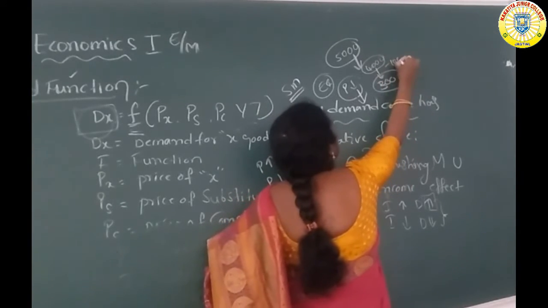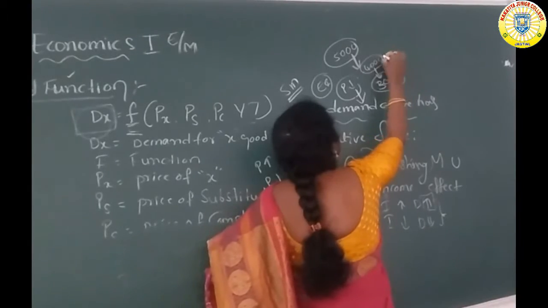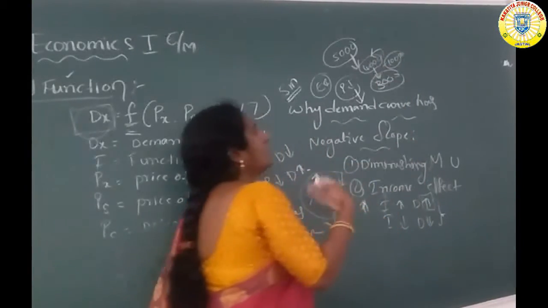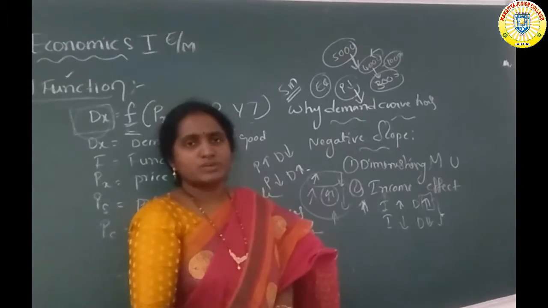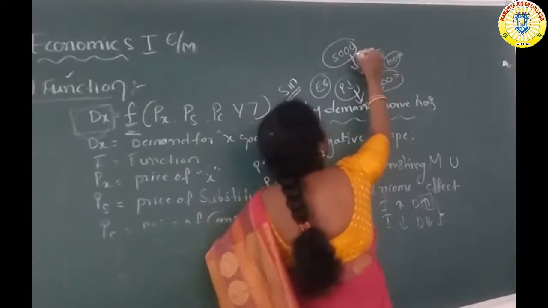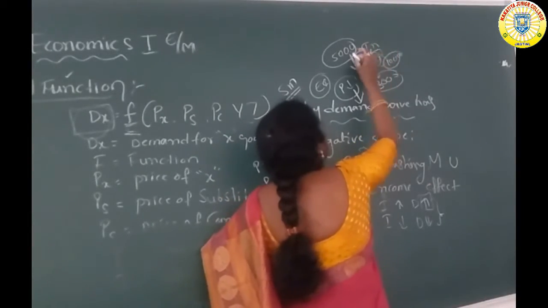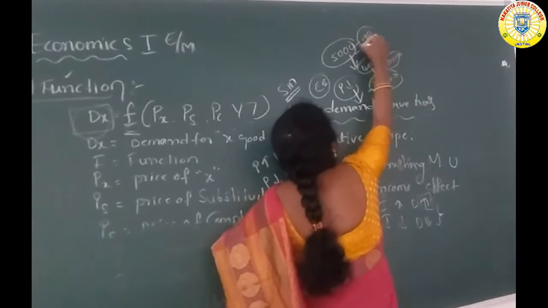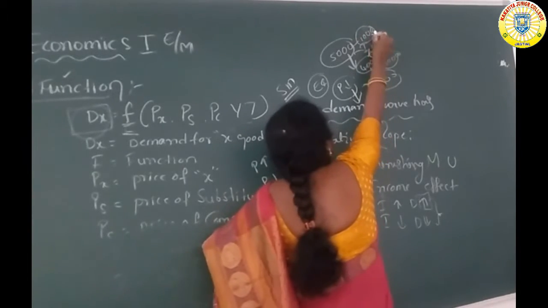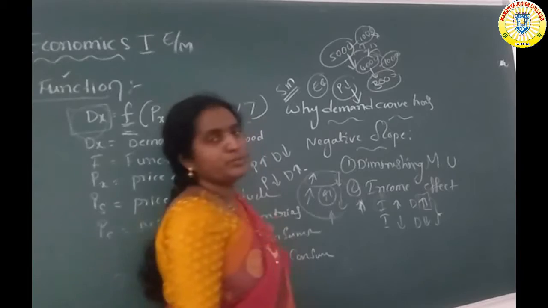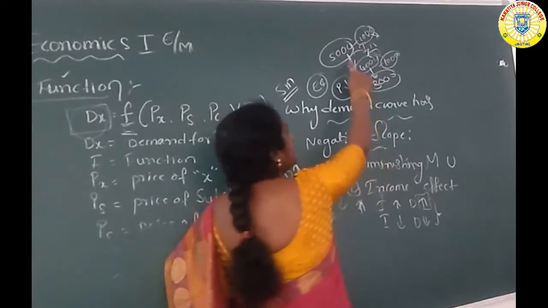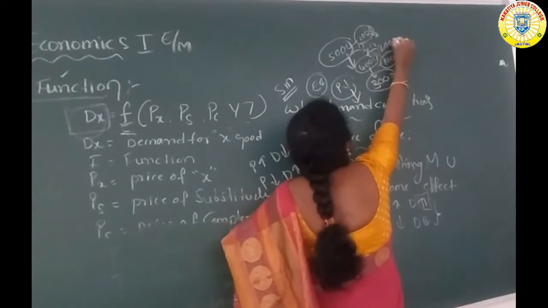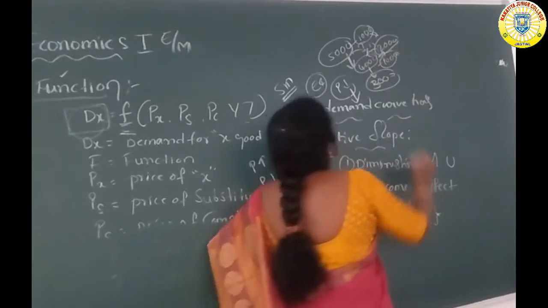So the remaining 1,000 rupees is the consumer's saving. So here the real income of the consumer increases. Actually, every month the saving is 1,000 rupees, but now it is 2,000 rupees. The saving increased from 1,000 to 2,000 rupees.